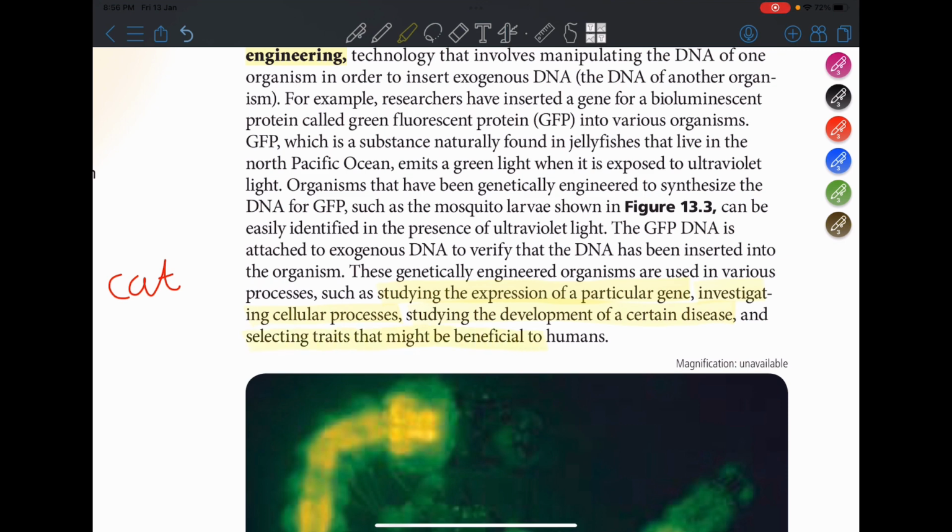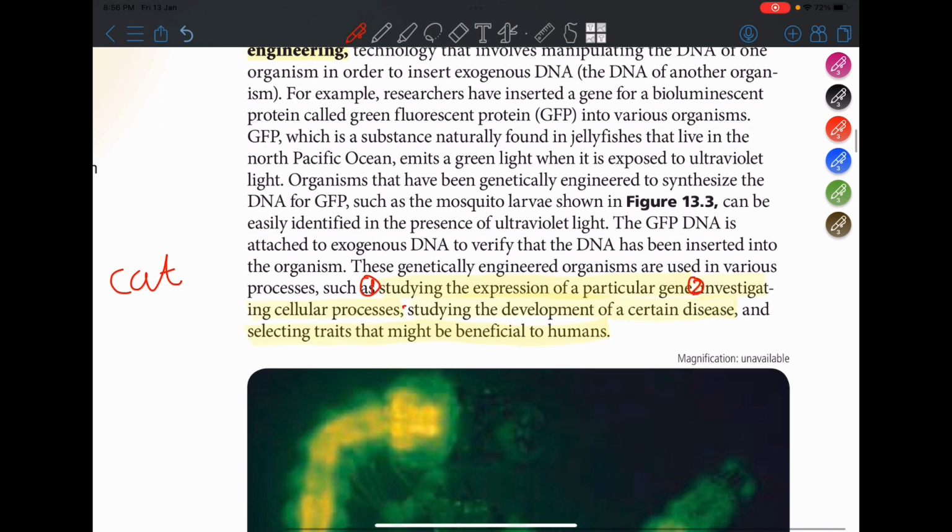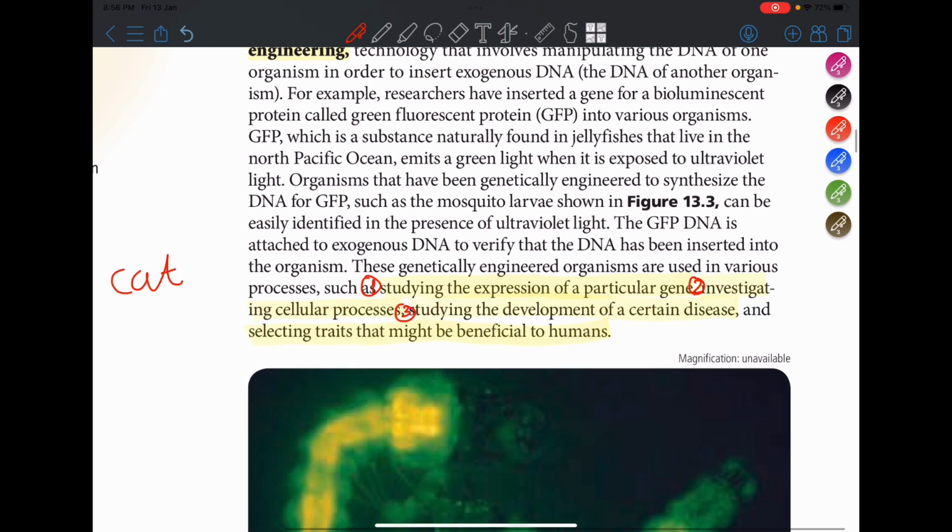We'll go more in depth into these categories as the lessons go on, but for now, we use genetically engineered organisms for these four things: to study expression of a particular gene, to investigate cellular processes, to study the development of a certain disease, or to select traits that might be beneficial to humans.